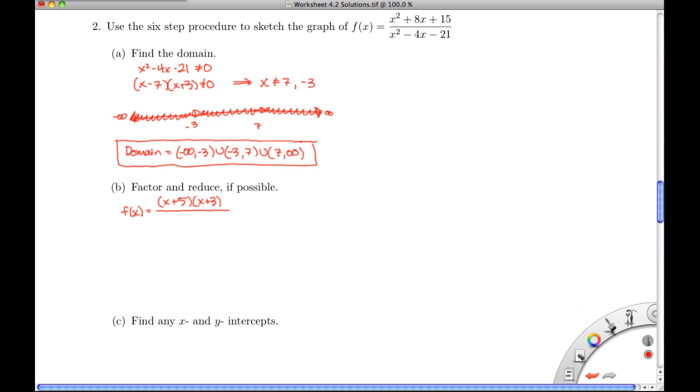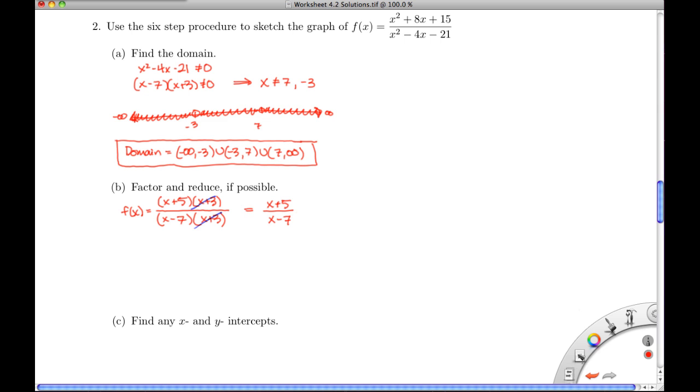The denominator we've already determined factors as x minus 7 times x plus 3. And what we see here is that we have a common factor. So these two factors will essentially become 1, and we can remove them from the formula, and our reduced function would be x plus 5 divided by x minus 7.